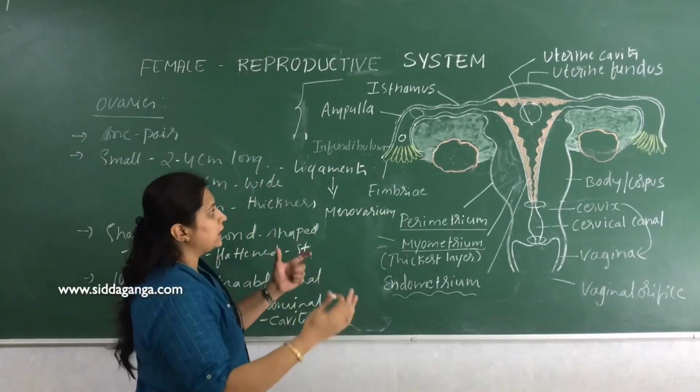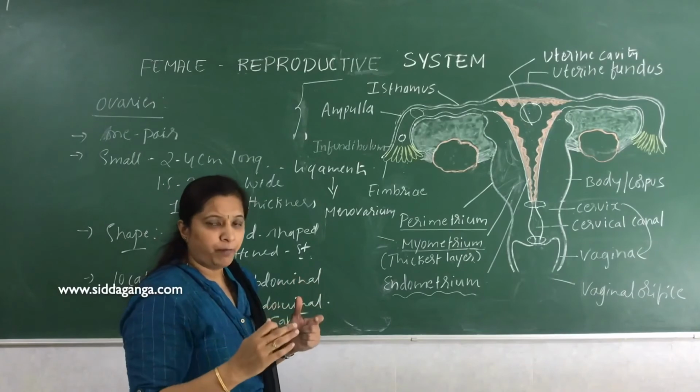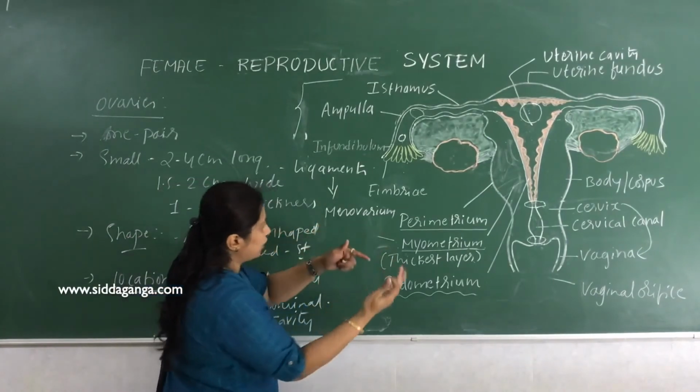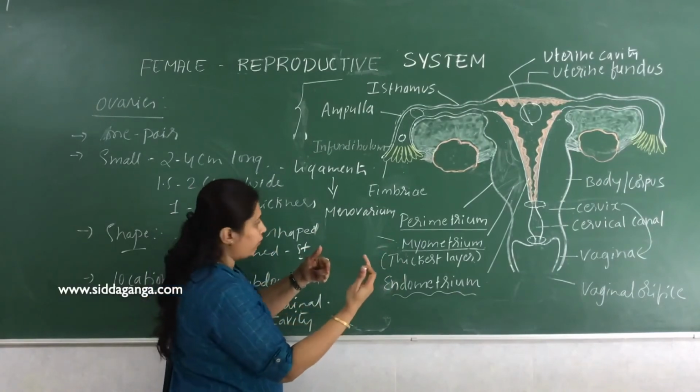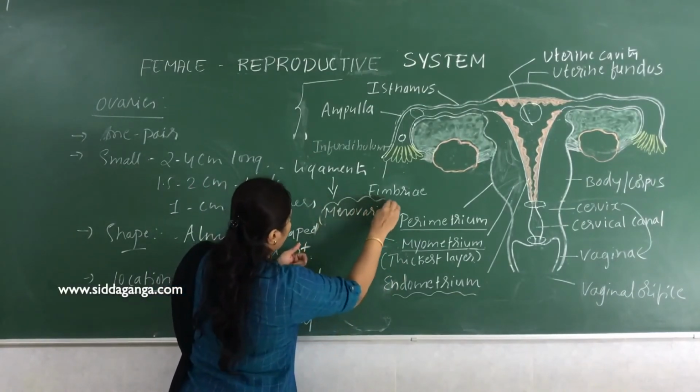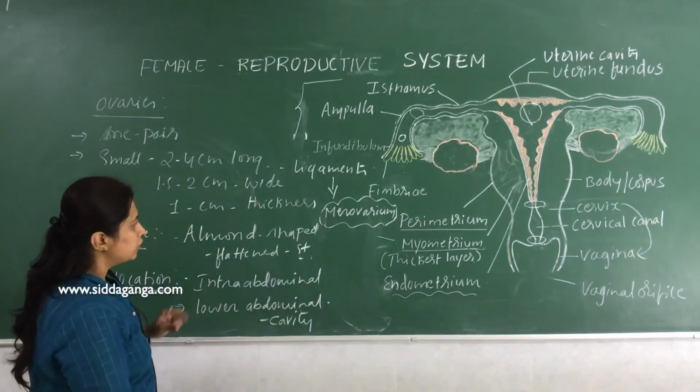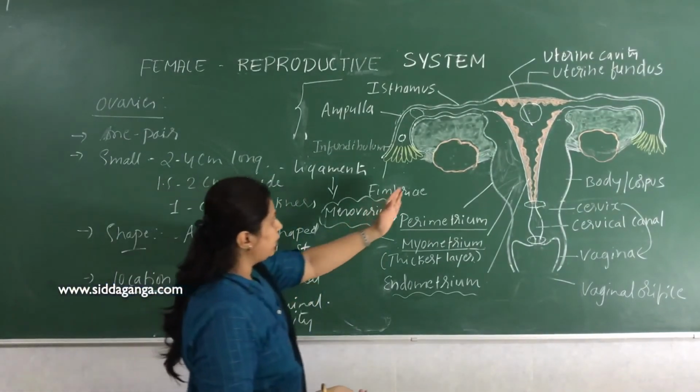So both ovaries are held in position by ligaments, and connected to the abdominal wall by the mesovarium. Understood? So this is the morphology of the ovaries.